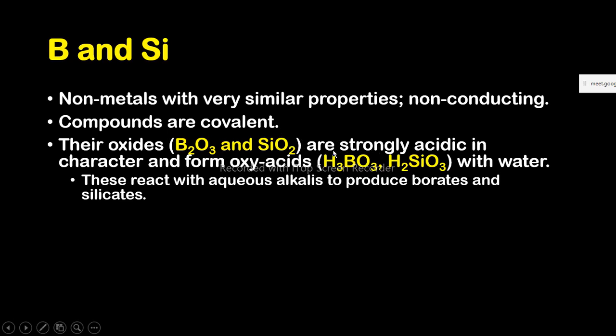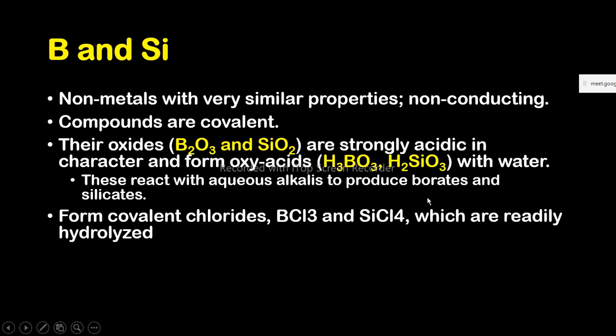And when these acids are reacted with aqueous alkalis, you produce a borate and a silicate, respectively. Now they all do form covalent chlorides. Boron is assumed to be a metal because it is in group 3, but see, it is forming covalent chlorides that cannot dissolve in water, but rather will dissolve in organic solvent.